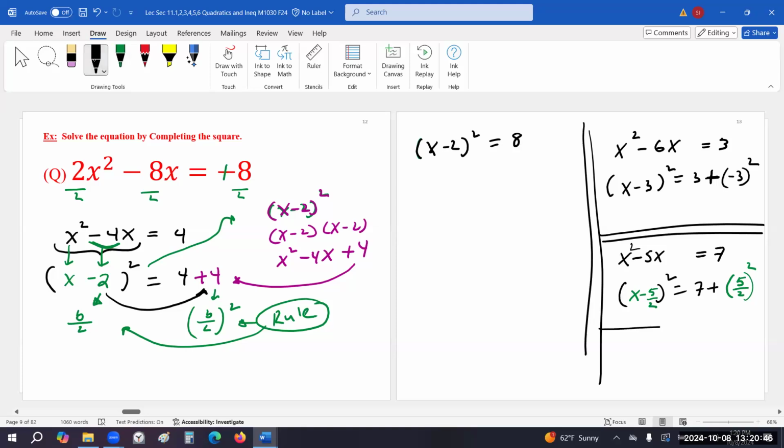Okay, one more. Chris, you gave up. Let's work with you. We have x squared minus 2x, let's say equals 5. Our goal is to complete the square here. So we are going to put something inside the square. Excellent.